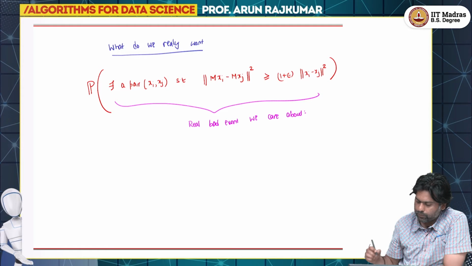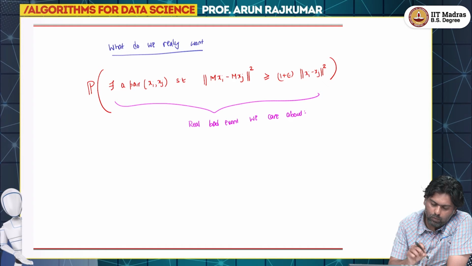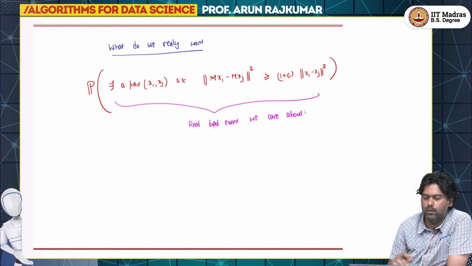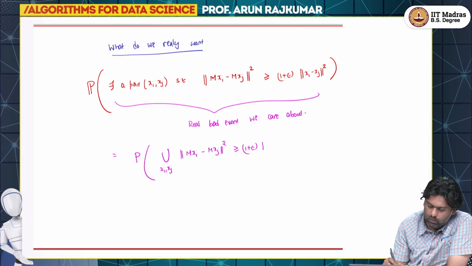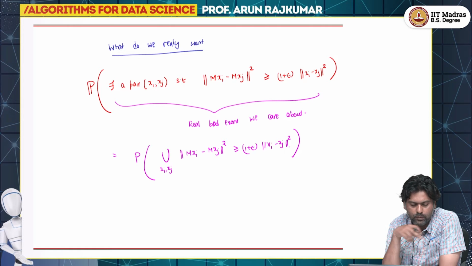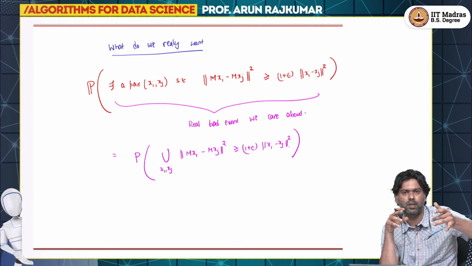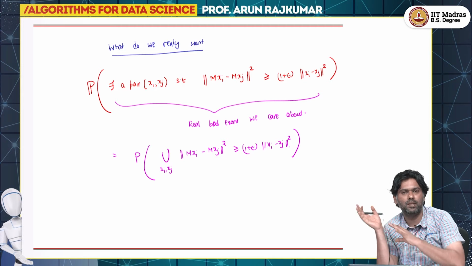So now we want to bound the probability of the bad event. In other words, we want to bound the probability that there exists a pair such that this bad thing happens. Now this is the same as saying the probability of the union over all pairs of the event that the squared norm of Mxi minus Mxj is greater than 1 plus epsilon times the squared norm of xi minus xj. There is some chance that xi minus xj might deviate, and some other chance that xj minus xk might deviate.